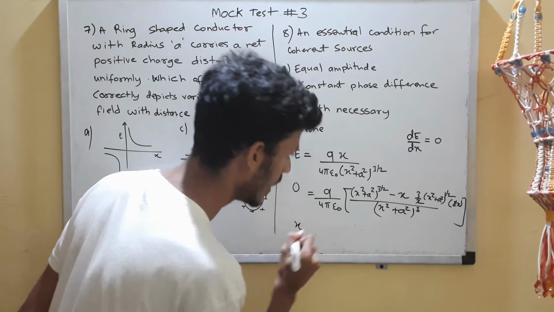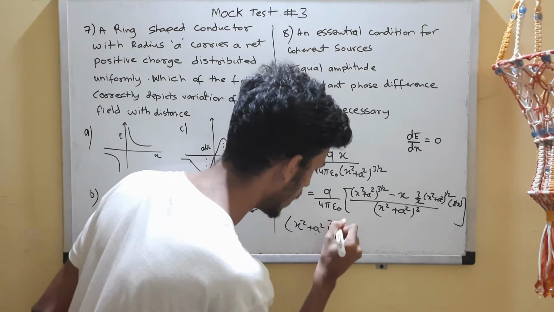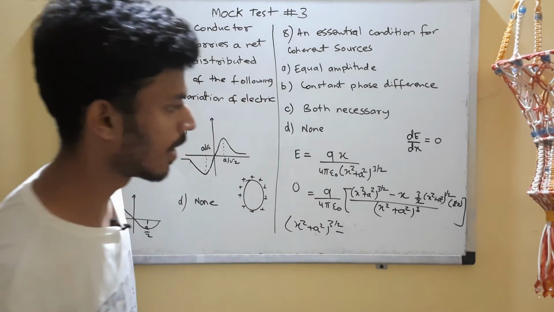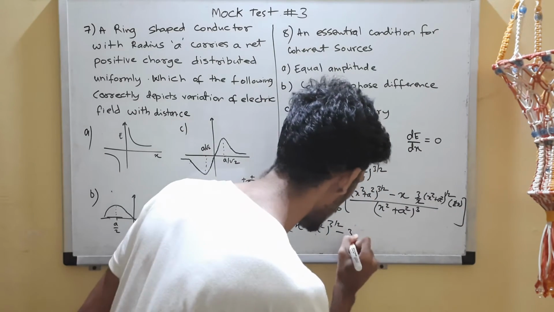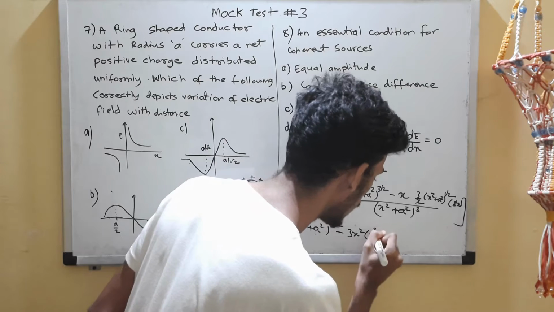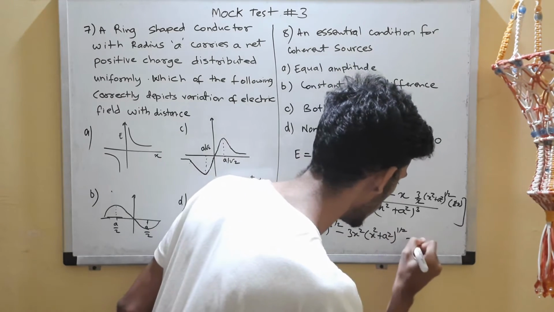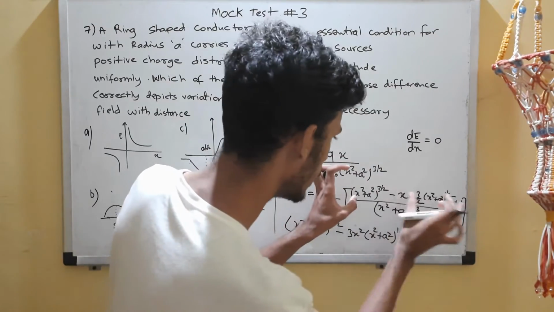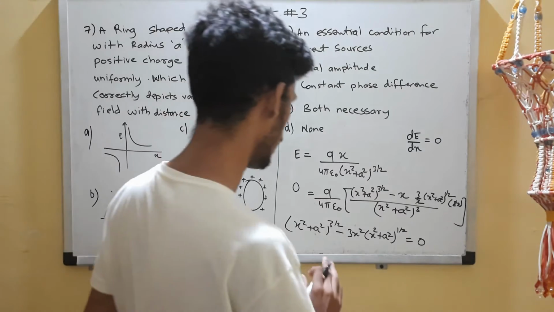Let's write that separately: (x square plus a square) raised to 3 by 2 minus 3x square into (x square plus a square) raised to half is equal to 0. Only the numerator can be 0; the rest cannot be 0.